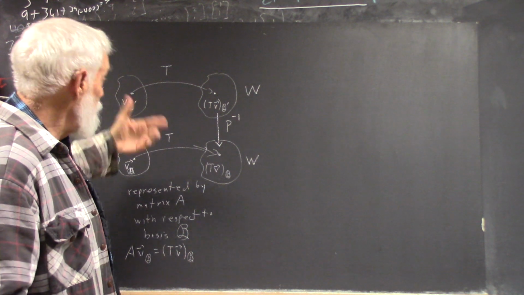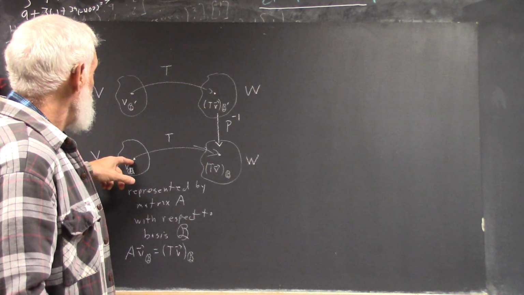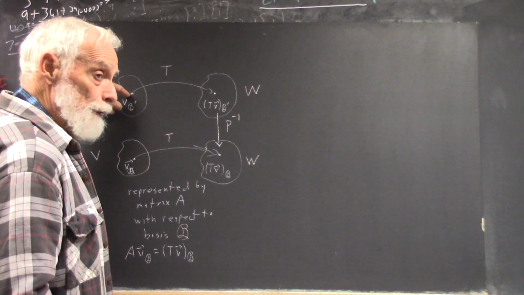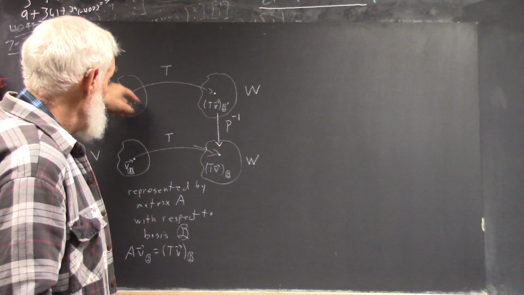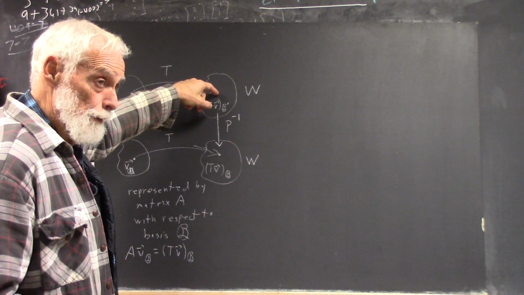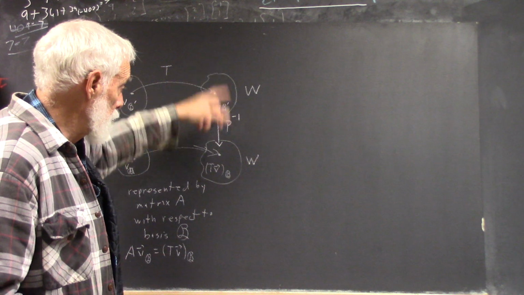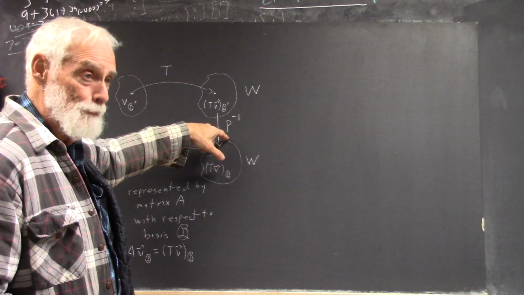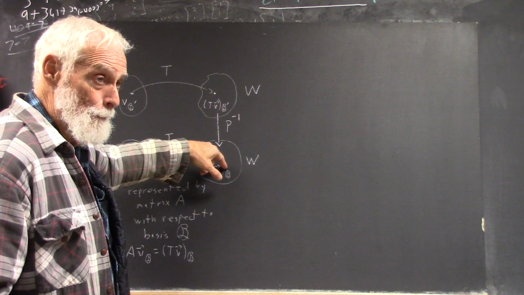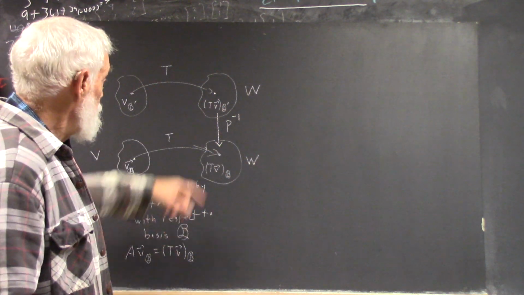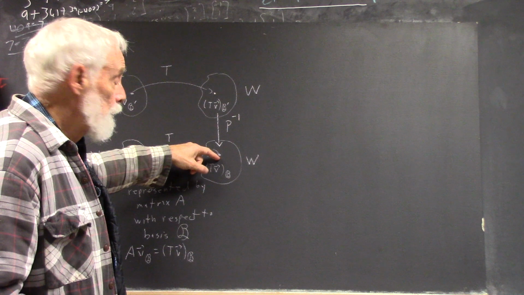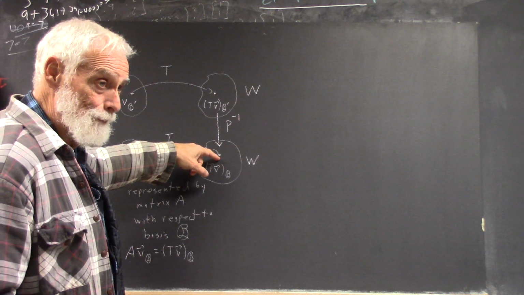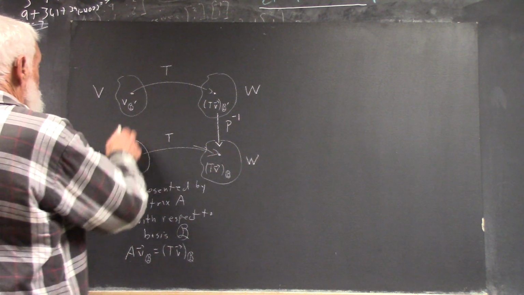So the representation of this vector is different here and here. The representation of this vector is different here and here. And the thing that connects the representations is the P inverse matrix in this case. Well, if P inverse takes the representation here to the representation here, then what takes this representation to this one?